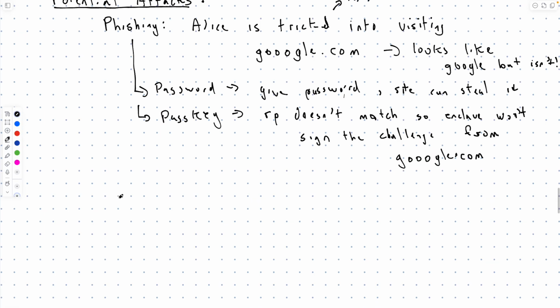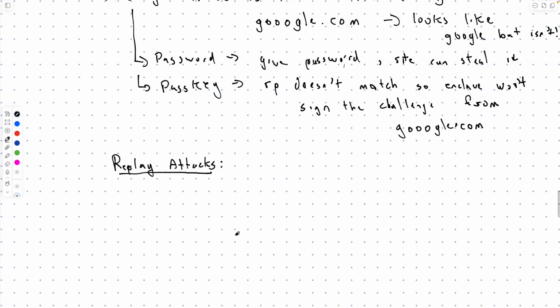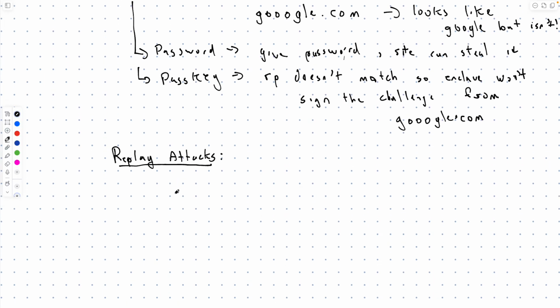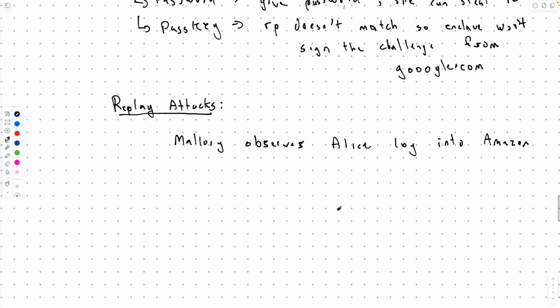Okay. We can think about replay attacks. This is something that we usually always consider. So let's say there's an adversary in the middle, and Mallory observes Alice log into Amazon. So she stores all the packets and all the signatures and everything that goes back and forth.